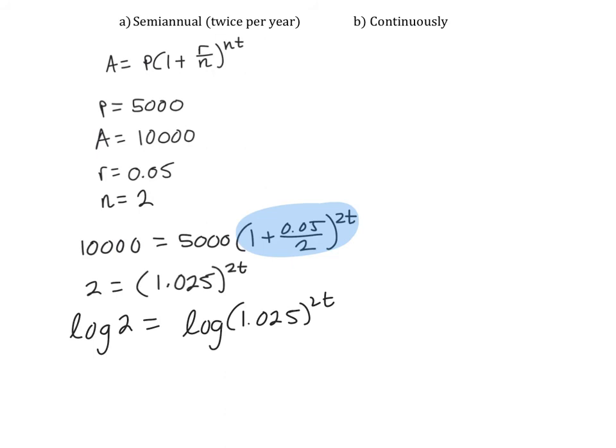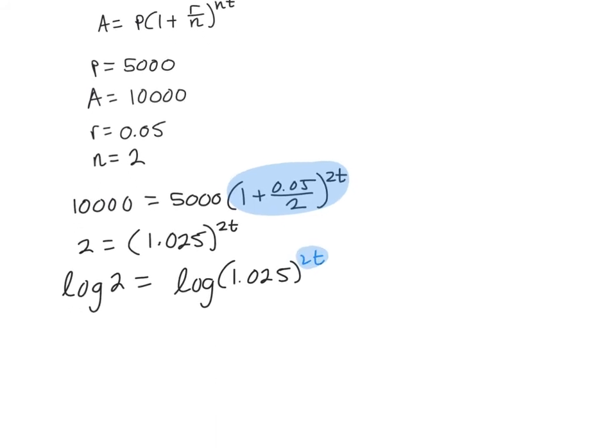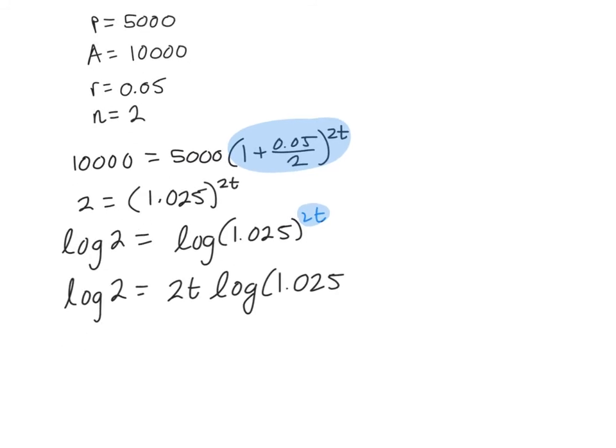Now I'm going to take my exponent and move it out front. So 2t times the log of 1.025. To finish solving for t, I can divide both sides by 2 times the log of 1.025.